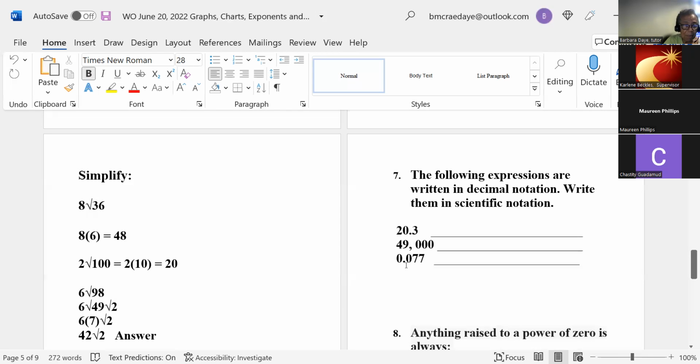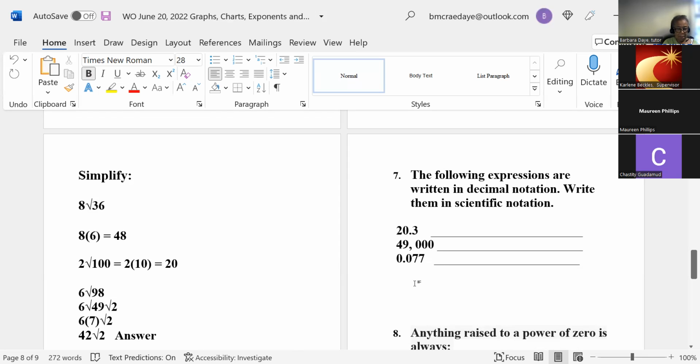If your number is less than 1, you'll always have a negative exponent, like this 0.077. But if the number is 1 or greater, you're going to have a positive exponent. And the number is always between 1 and 10.